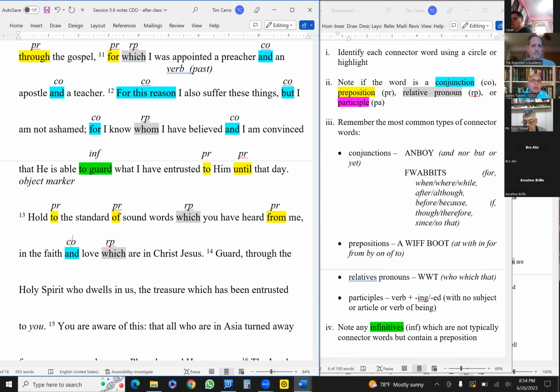I see one more, actually repeated here twice. Is it in? Yeah. What kind of connector word is that? In.